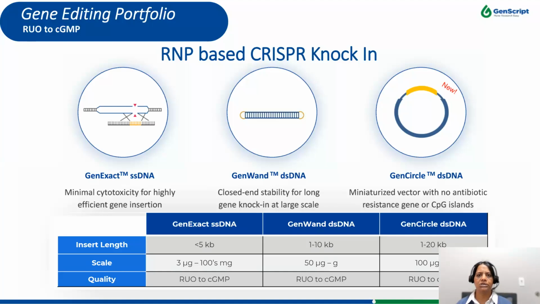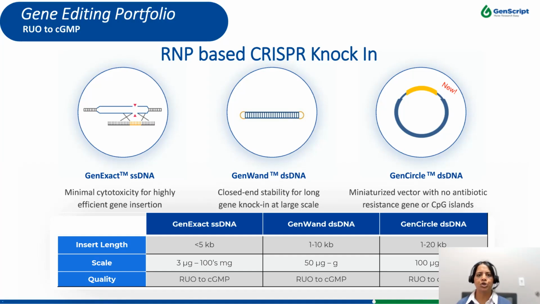It has low toxicity, ensures high efficiency, and minimizes the off-target effect, making it perfect for T cell therapy and generating cell or animal models. And GeneExact can insert lengths of up to 5 kb, making it versatile for many applications.